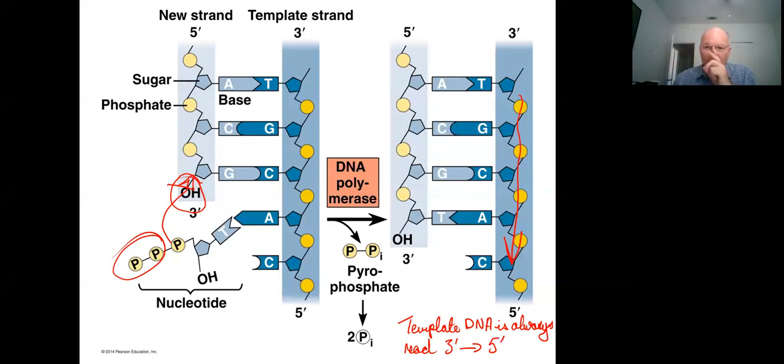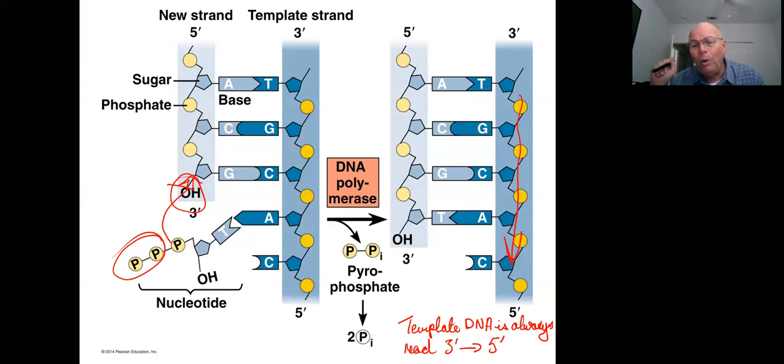Now, you notice I've said here, template DNA is always read 3' to 5'. When we talk about transcription in chapter 17, which hopefully you've already started to take a look at, you'll see that in transcription, the template DNA is also read 3' to 5'. This is a hard and fast rule.